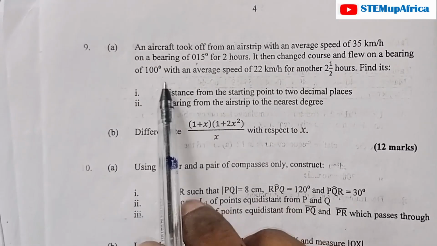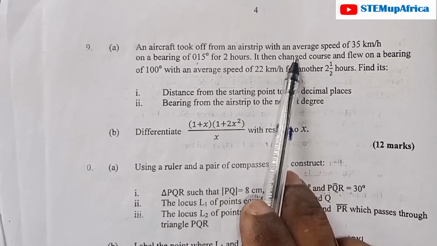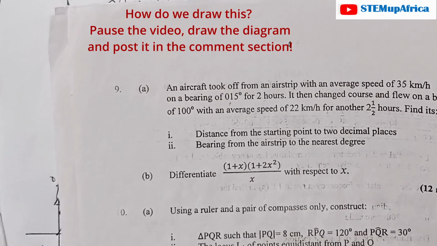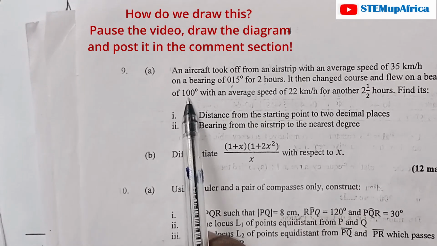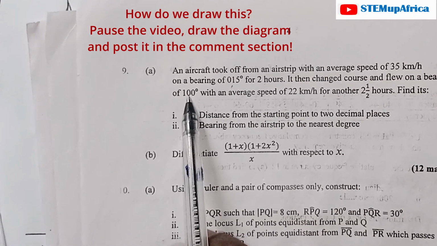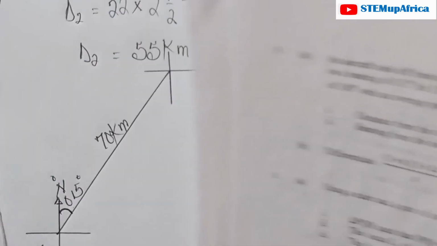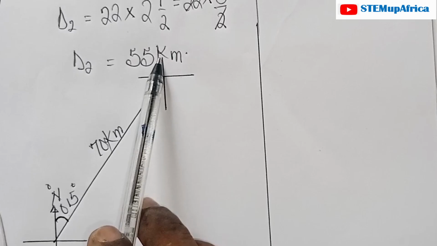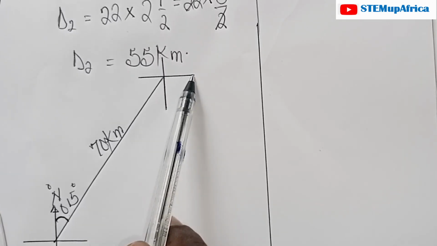The second bearing is now 100 degrees. This time around, what we calculated the distance was 55 kilometers. So how do we draw this? Please pause the video, draw the diagram and post it in the comment section. How do we trace a 100 degree bearing from the second quadrant? Here is also my north, which is 0. From here to this quadrant is 90.